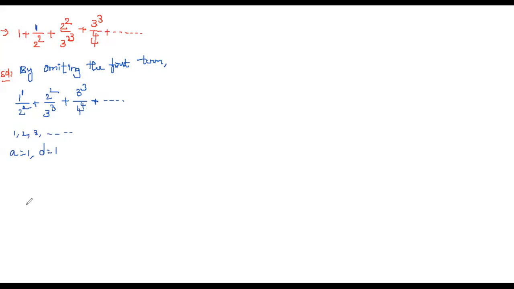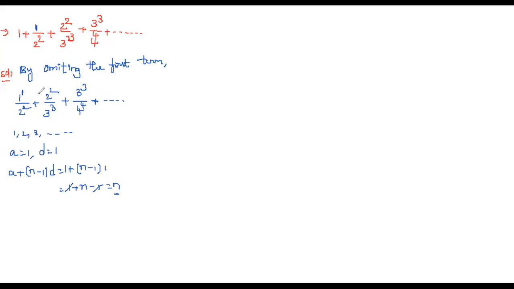A plus (n minus 1) into d, that is nothing but a is equal to 1 and n minus 1 as it is, and the difference is 1. So it means 1 plus n minus 1. So 1 and 1 cancel, you get it as n. So 1, 2, 3 and so on is nothing but n. And the power is also the same, right?